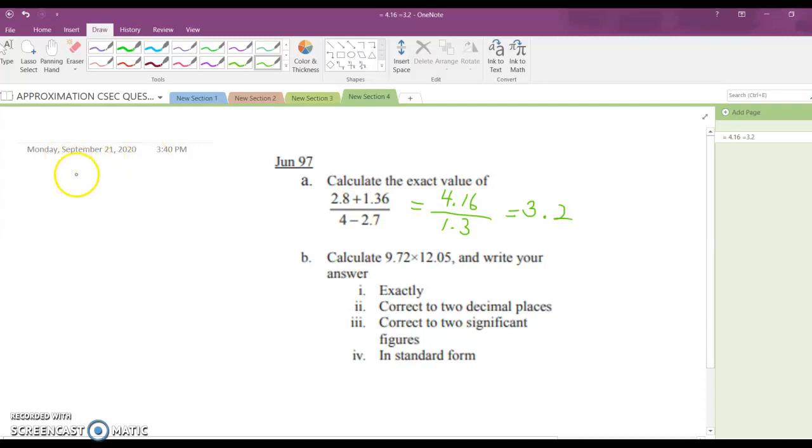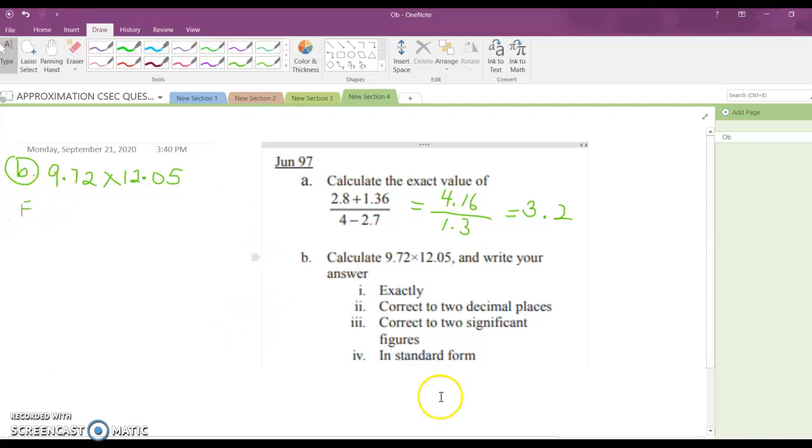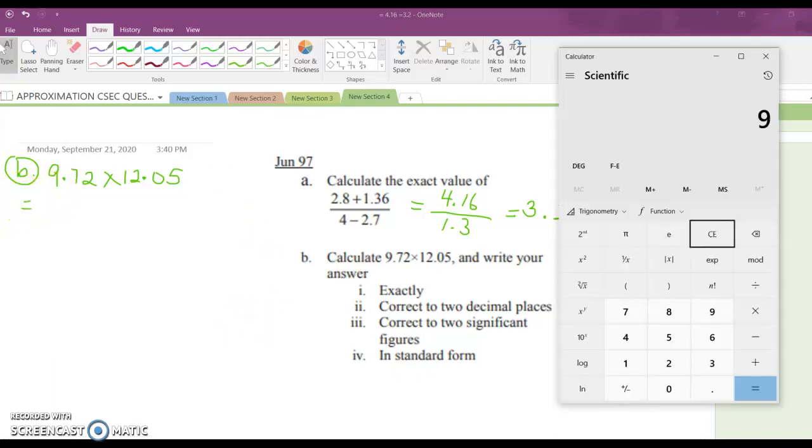Now for part B, firstly, we need to calculate what this is. 9.72 times 12.05. So let's work it out. Just put it in straight on the calculator. It's just two numbers being multiplied. So 9.72, multiply by 12.05.